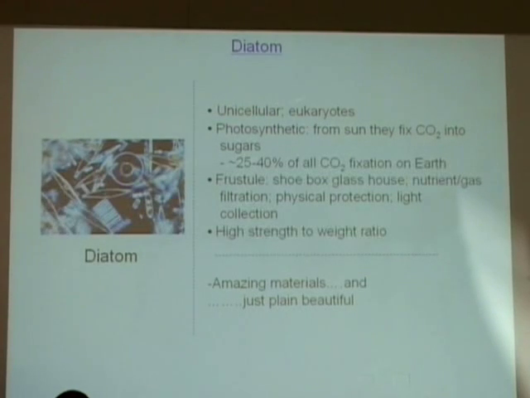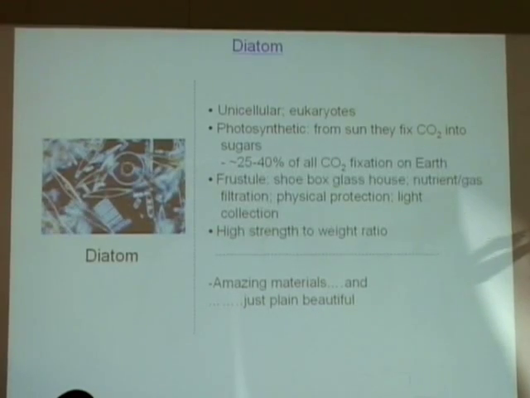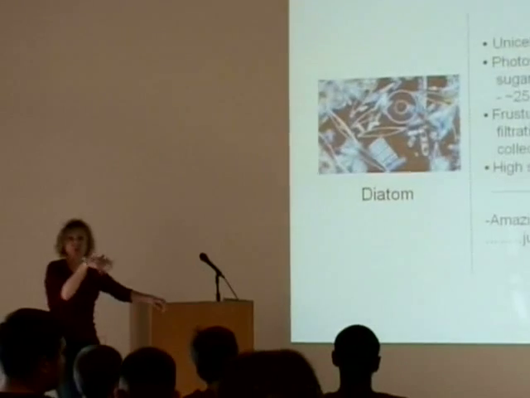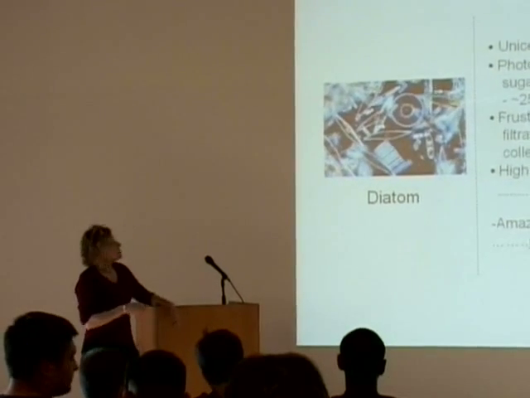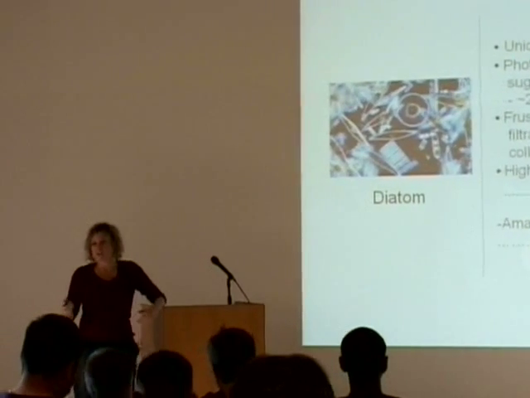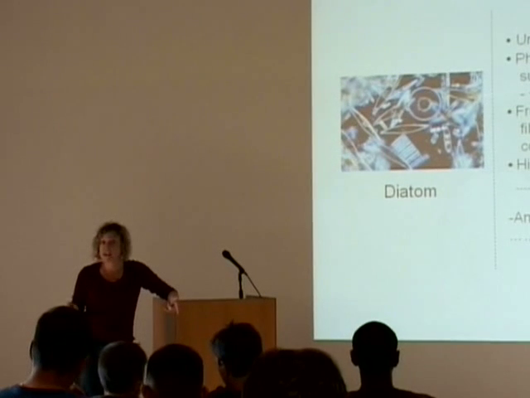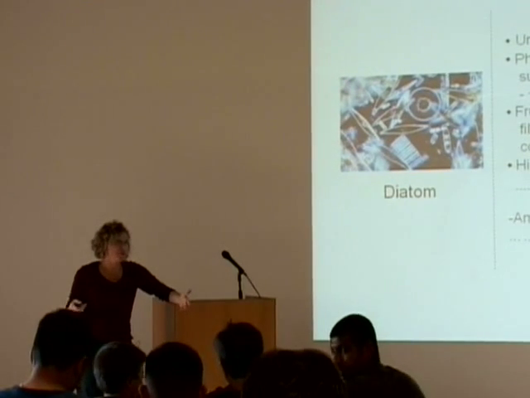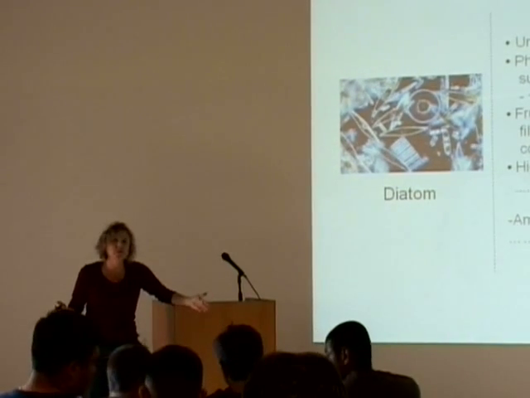Diatoms are unicellular organisms. They're eukaryotes. They're photosynthetic. That basically means they take the solar energy from the sun, and they take carbon dioxide, and they make it into sugar. So that's what they live on, is that sugar, and they transport that sugar to other organisms. So you may have been hearing talks about global energy and global climate change, and they talk about the problem that we're making a lot of CO2, and they don't really know what to do with it.